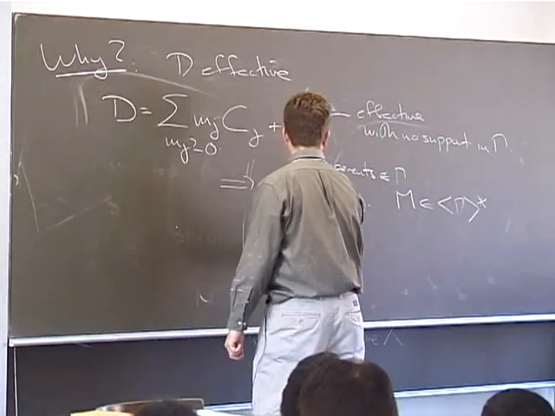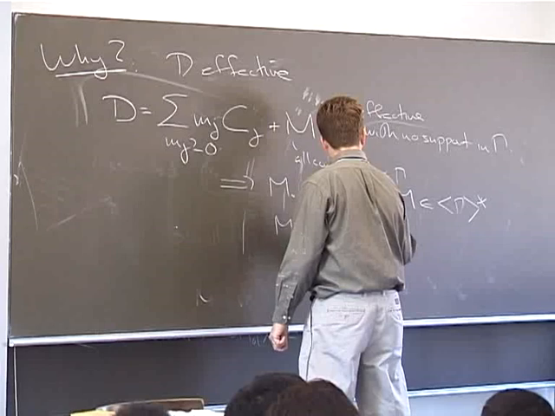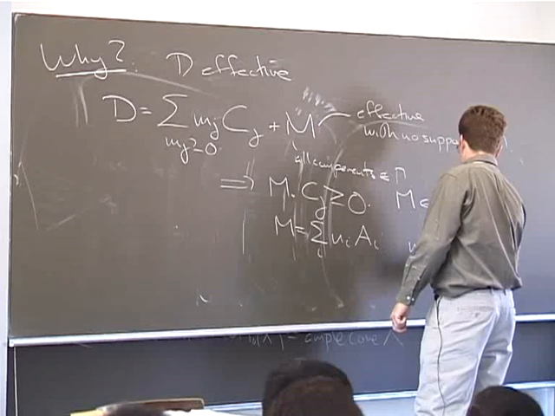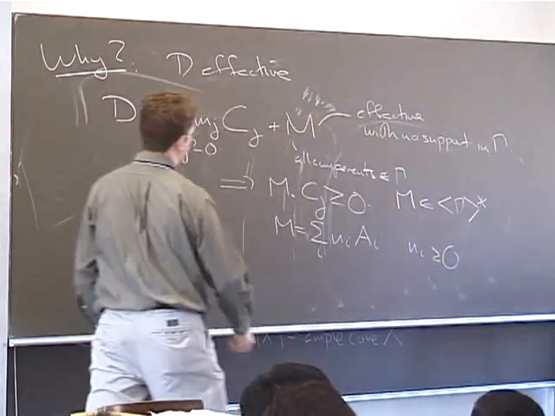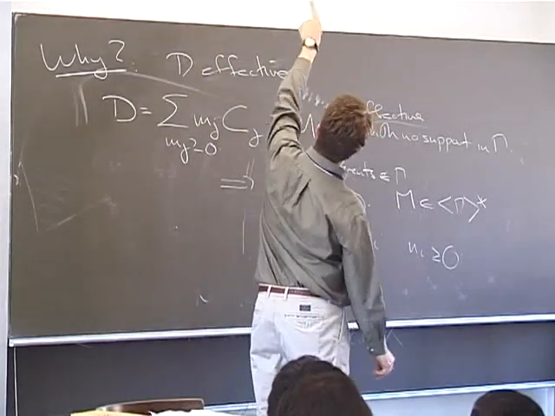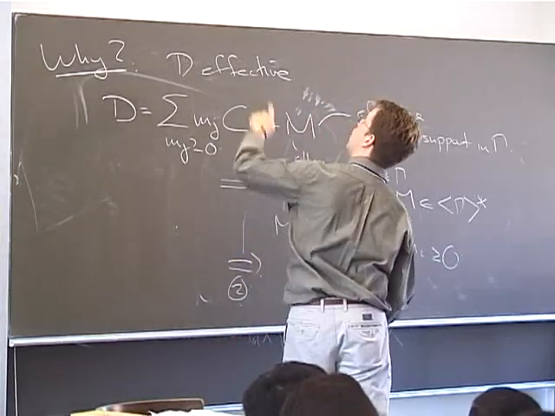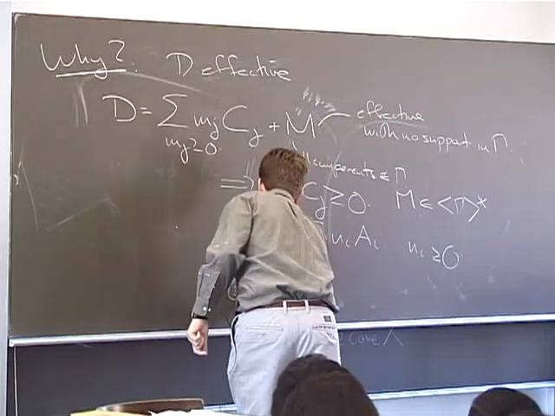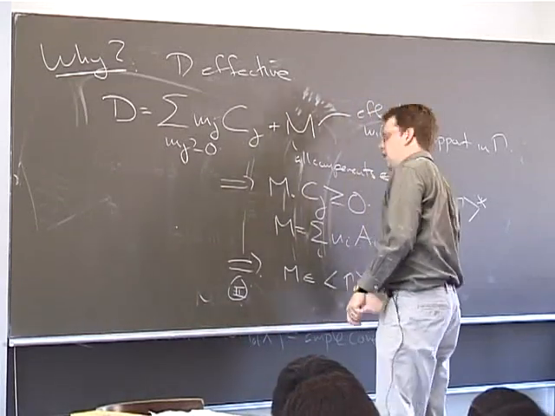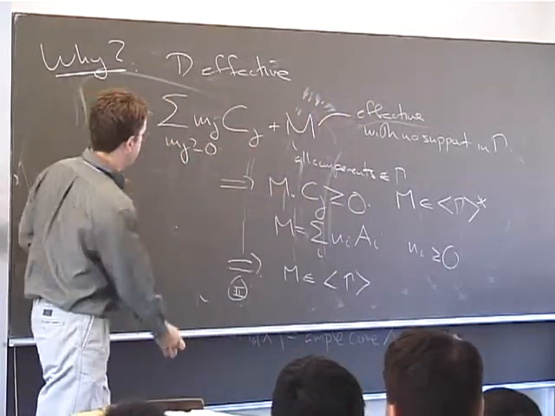So we can express m as a sum of elements. But since I can write the AIs as positive sums of the Cjs, it follows by step 2 that m is actually contained in gamma. And so this tells us that D is contained in gamma as well.